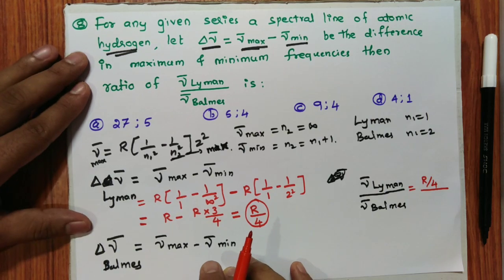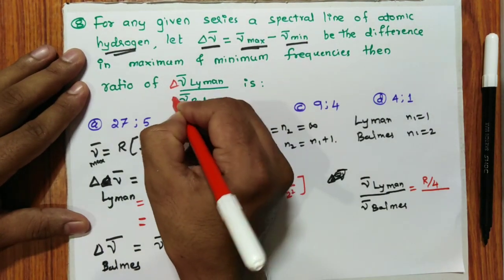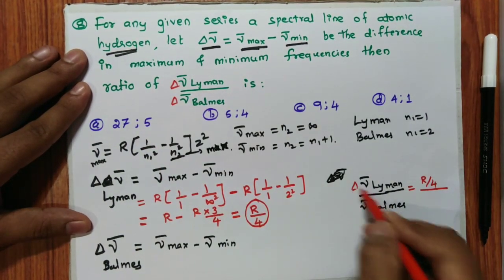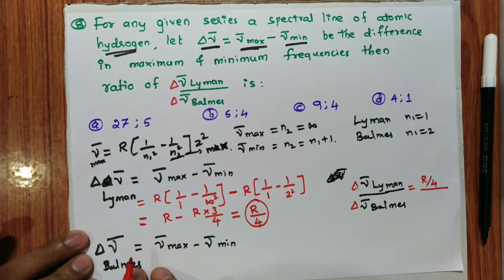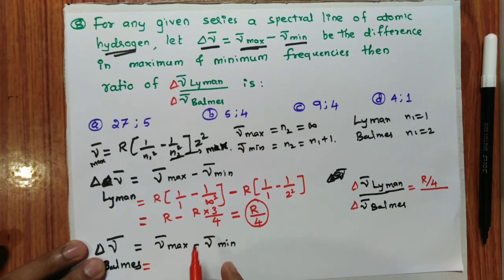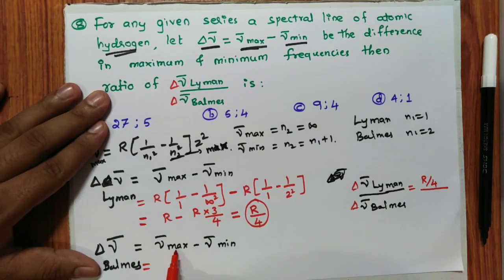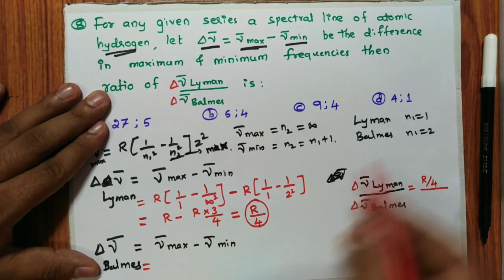So we required delta nu bar like this. I think you understood this. Now we'll come to the Balmer series. In the case of the Balmer series, nu bar maximum has N2 as infinity and N1 as 2.